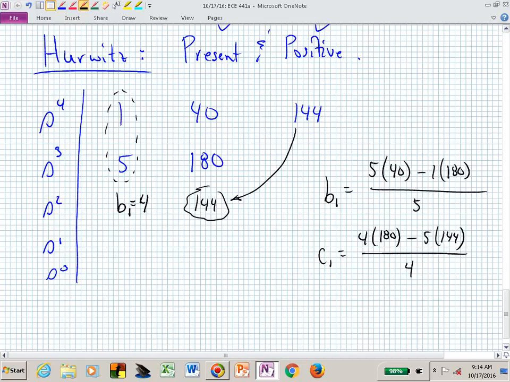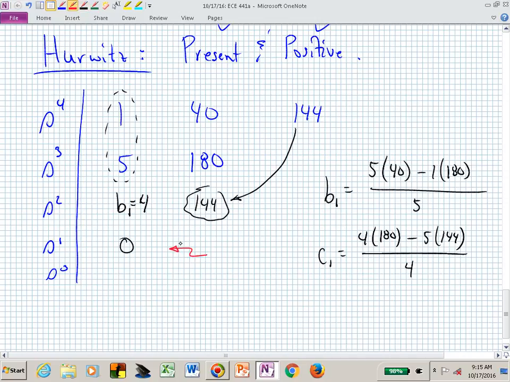And what's that? 400 and 320, that's 720. 5 times 144, that's a little more involved, but that's also 720. We end up with 0 for C sub 1. And how many terms do we want in that row, in the S1 row? How many elements should be in that row? 1. So this is actually an all-0 row.